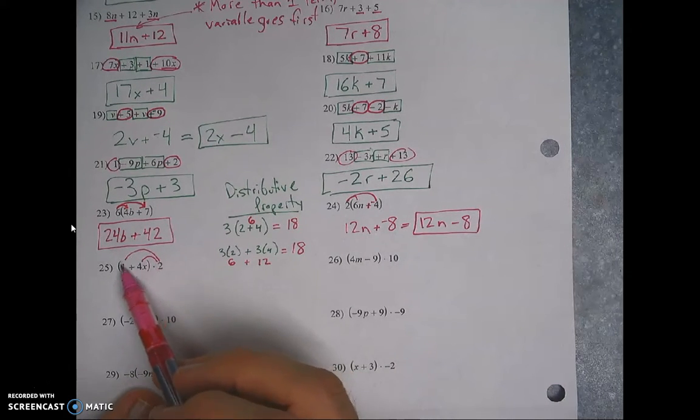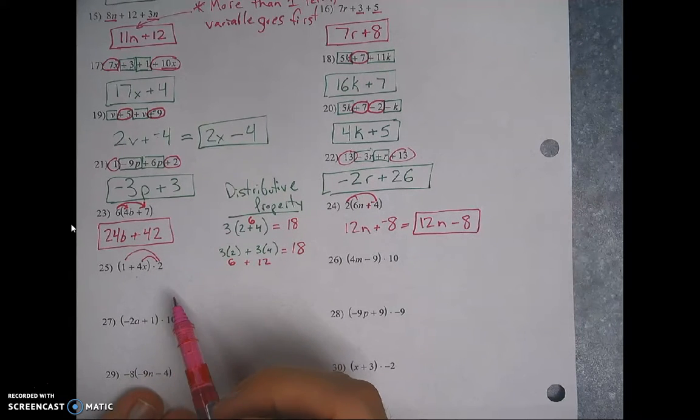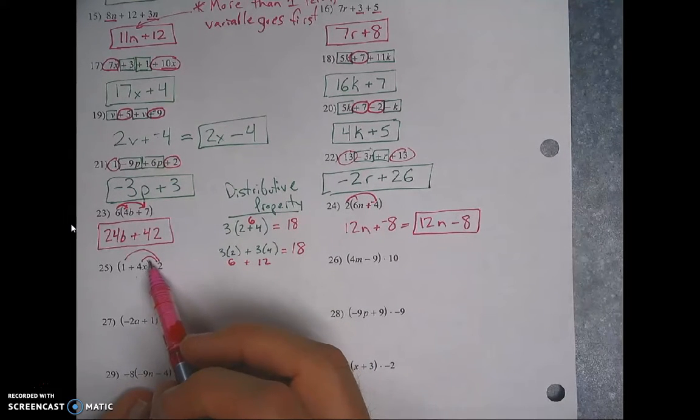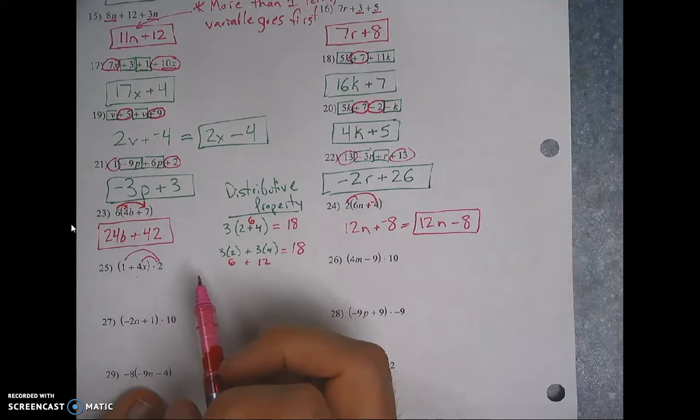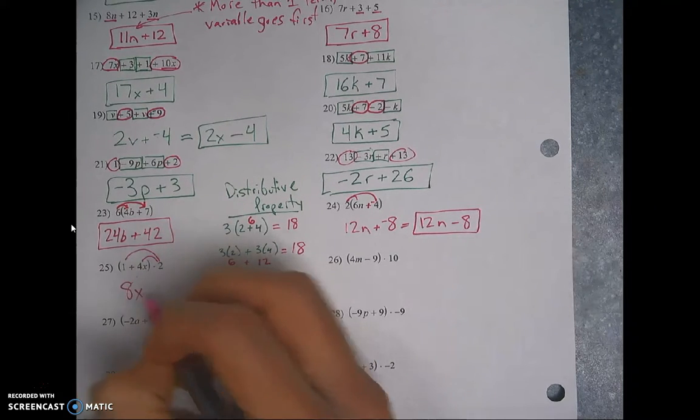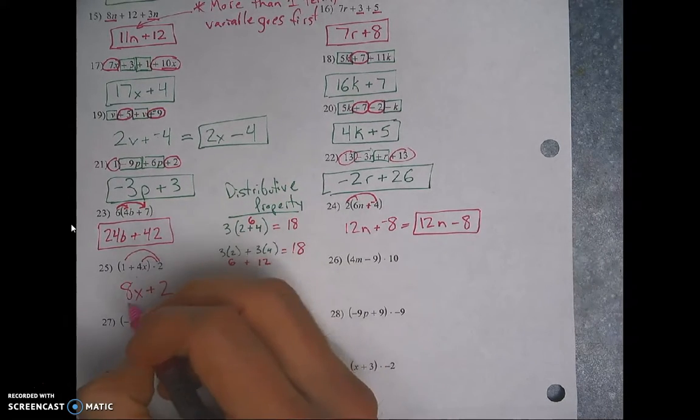So I could do 2 times 1 and write 2, 2 times 4x and get 8x, but then I'd have to flip it and rearrange it so the x is up front. So I might as well start with the x, and then I don't have to do that extra work later. So 2 times 4x is 8x, and 2 times 1 is positive 2. So I write plus 2.